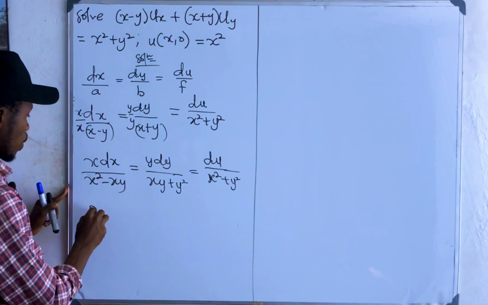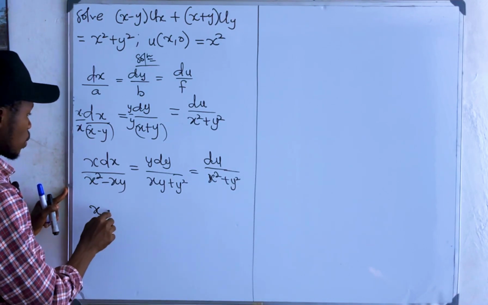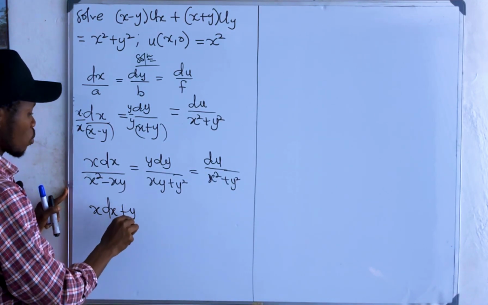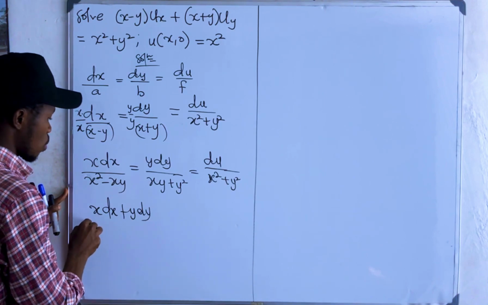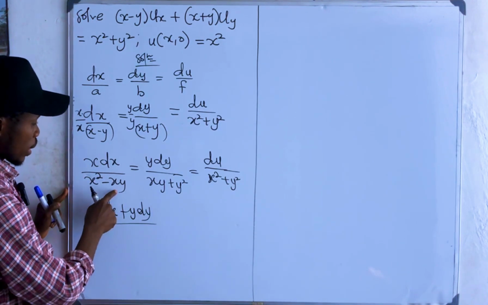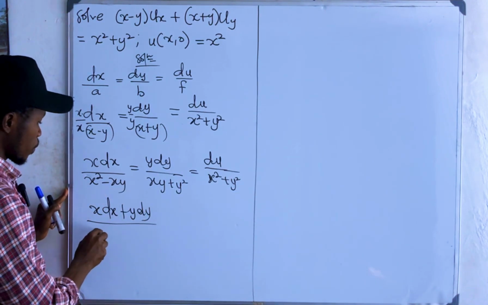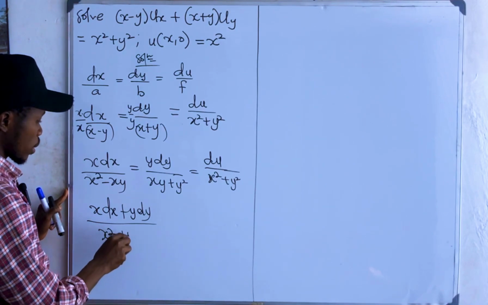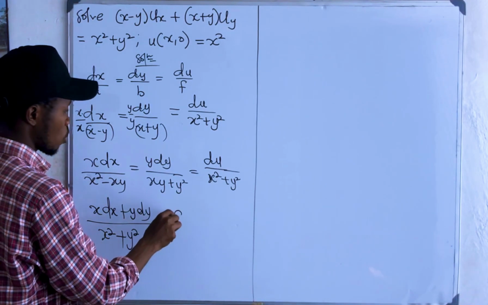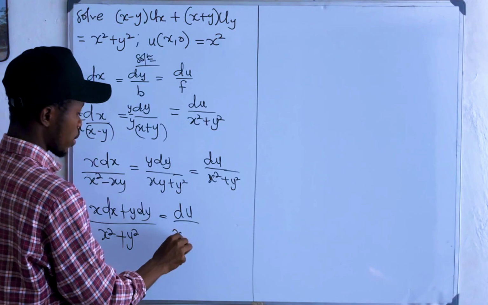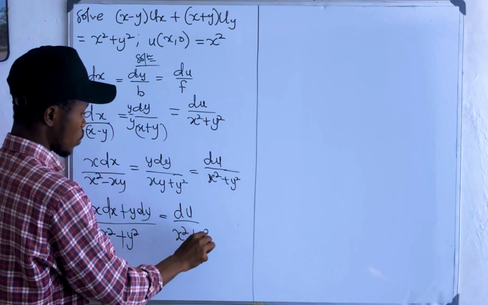So for you to add them, we have x dx plus y dy all divided by, you see, when you are adding, the xy terms will go to 0, leaving x squared plus y squared, equals du over x squared plus y squared.